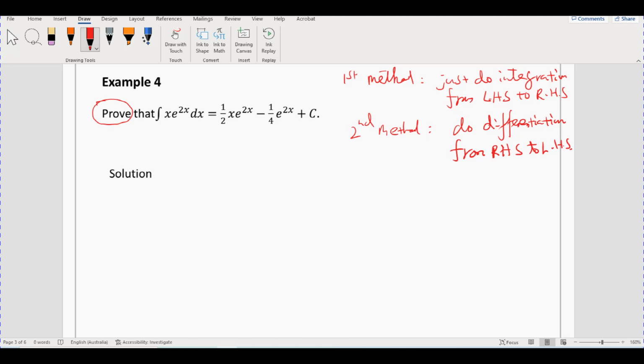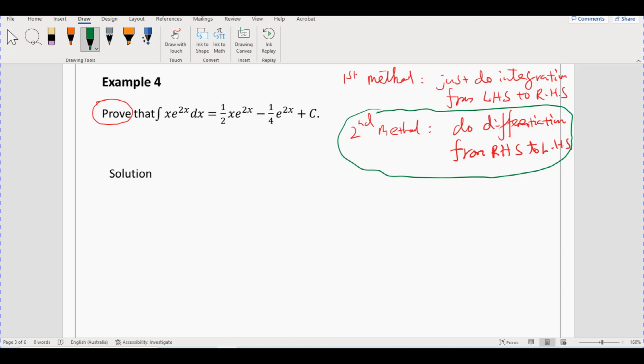In the exam, if you see that in the public examination, I would say 90% of the chance you should use the second method. You can try the first method, but I could guarantee you that from the skills you've learned, it's impossible for you to do the integration to get the result on the right-hand side.